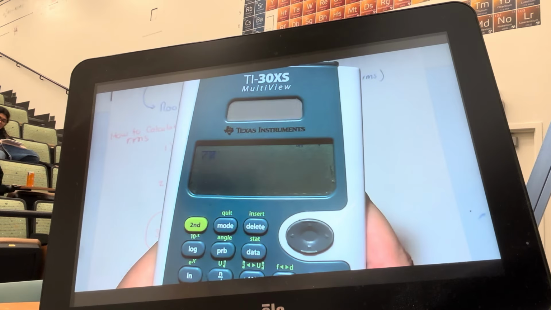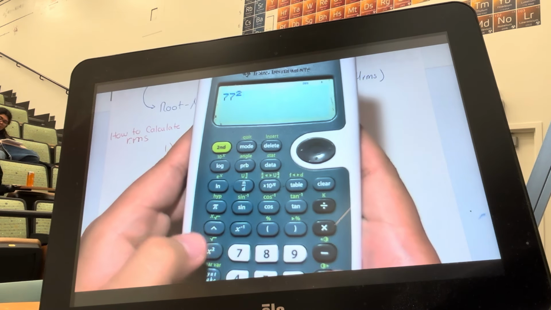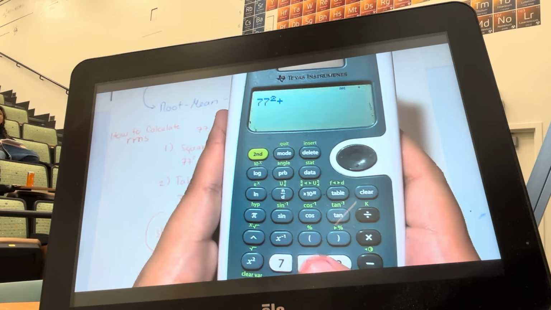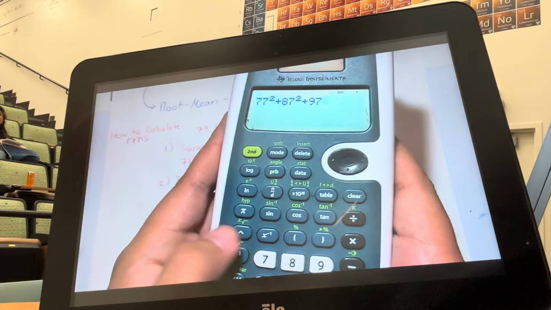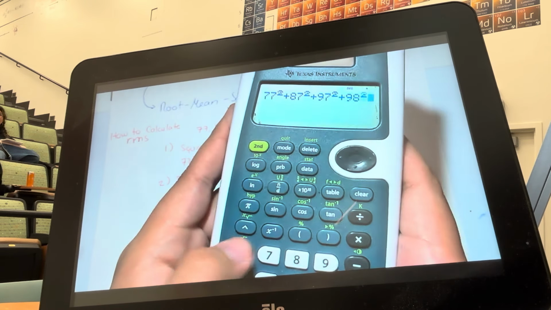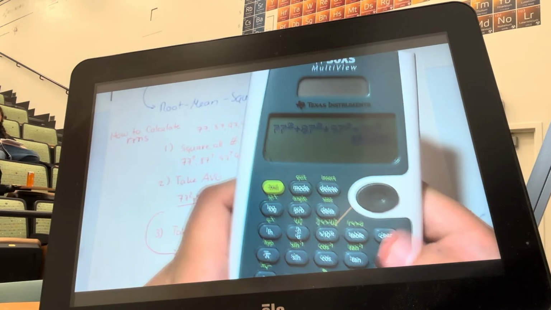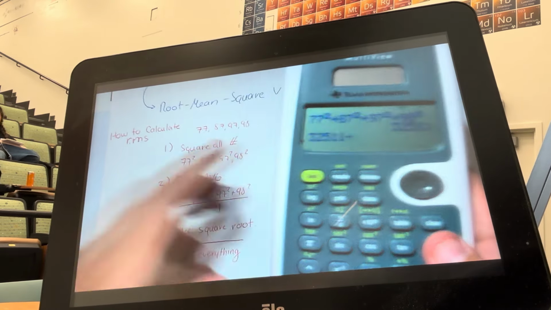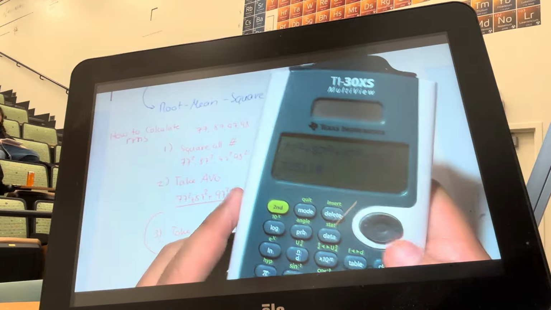So 77 squared plus 87 squared plus 97 squared plus 98 squared, to get that number. I already skipped to number 2, so I already squared them, and now I divide by 4.